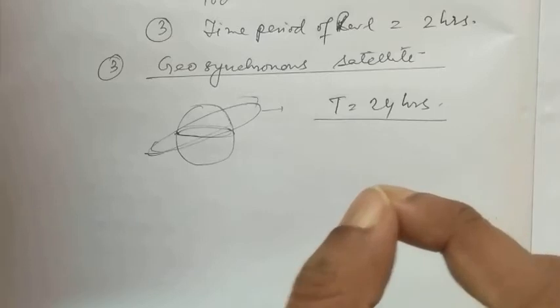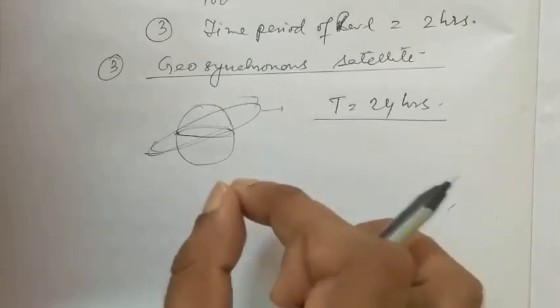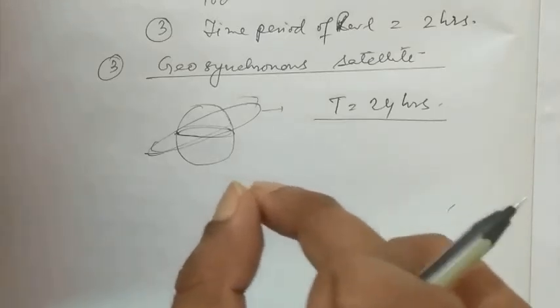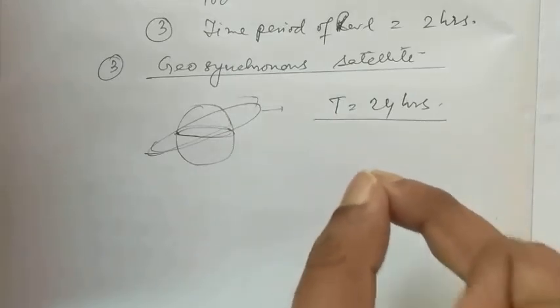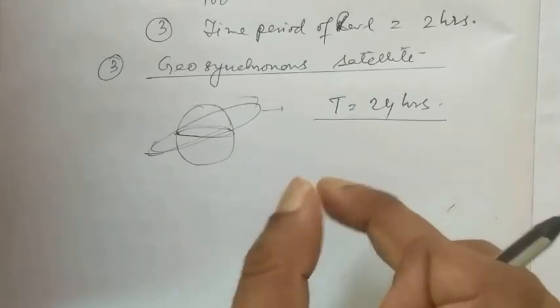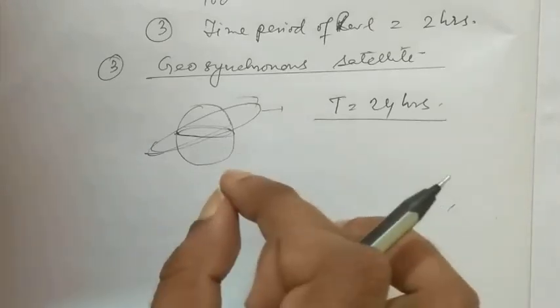That means for the geostationary case, we found that the position of the satellite remains the same to an observer on the Earth anytime he looks at the sky.